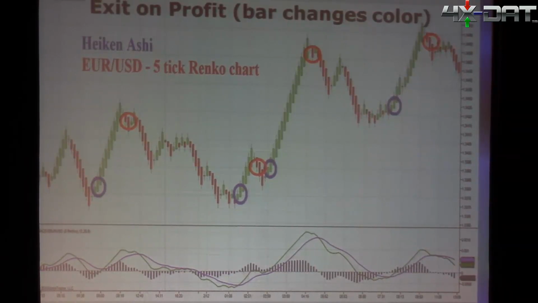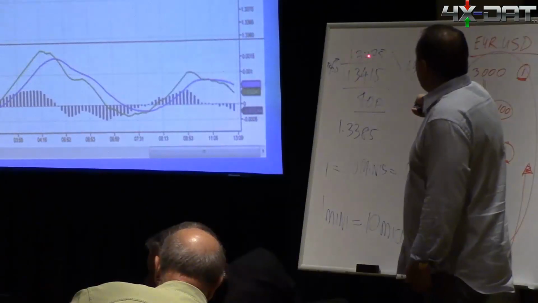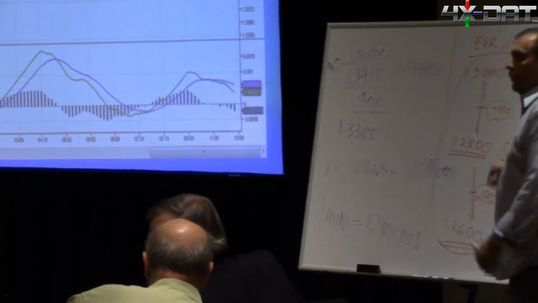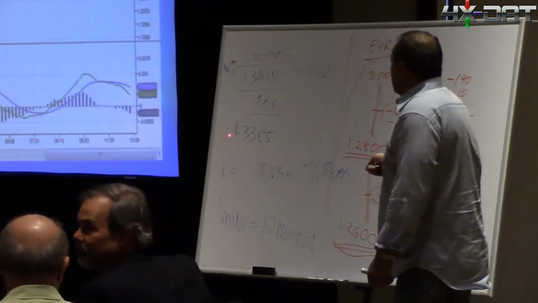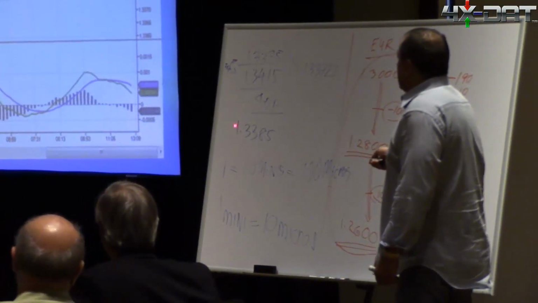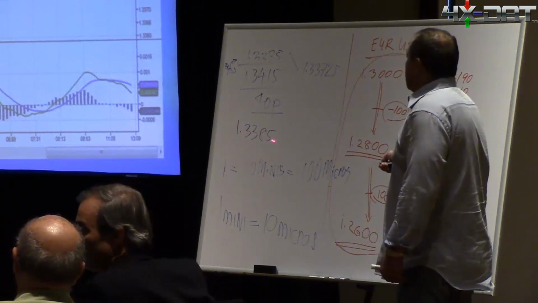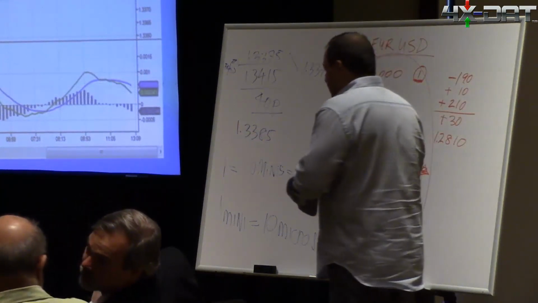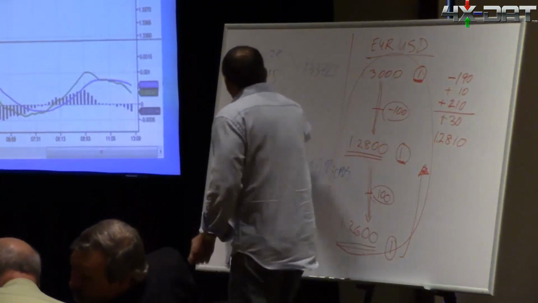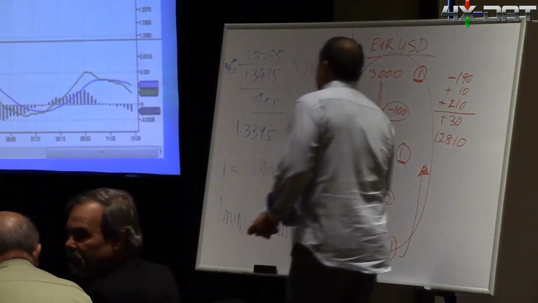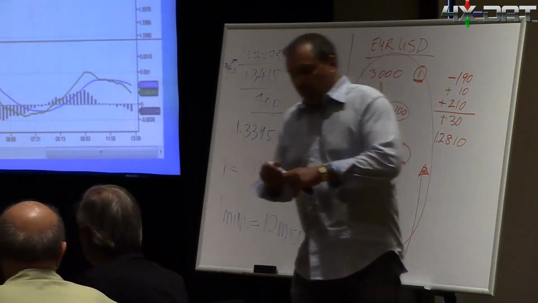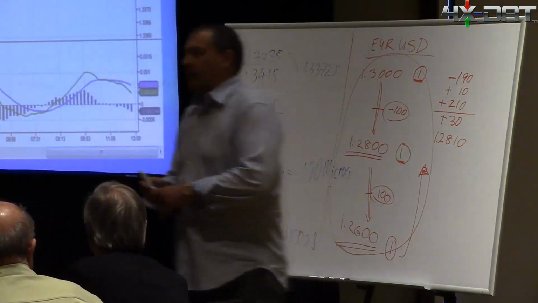If you open the trade at 1.3375 and you want a minimum of 10 pip profit, then you enter the stop at 1.3385. If you wanted a 20 pip minimum profit, the stop would be 1.3395. So you have to do all of that in your head.